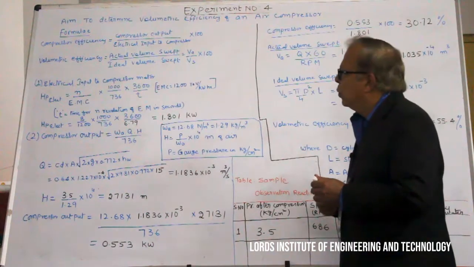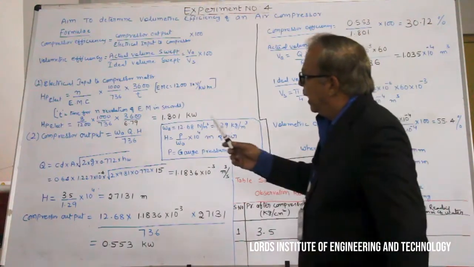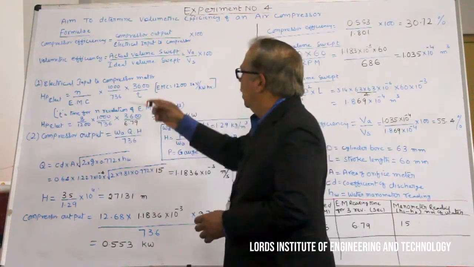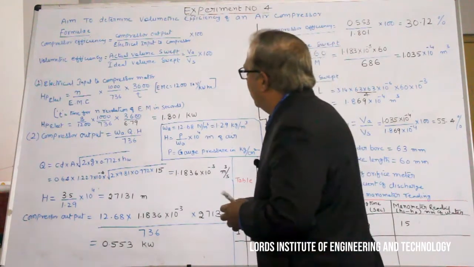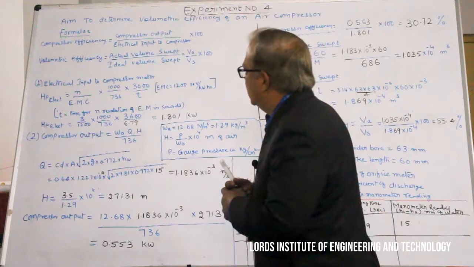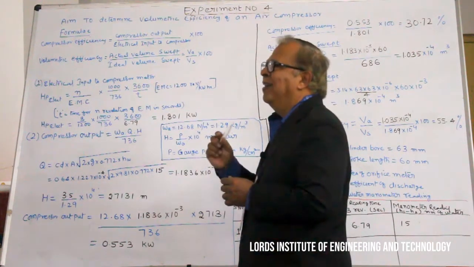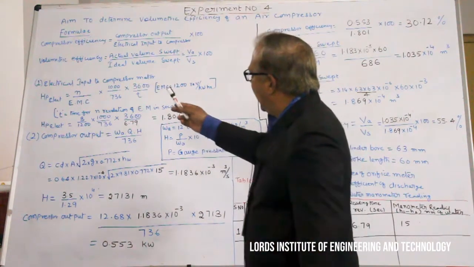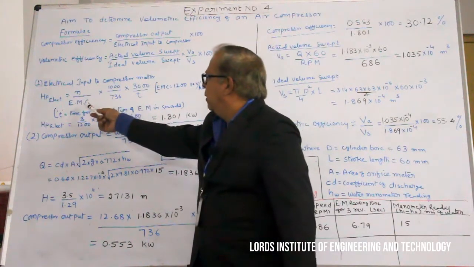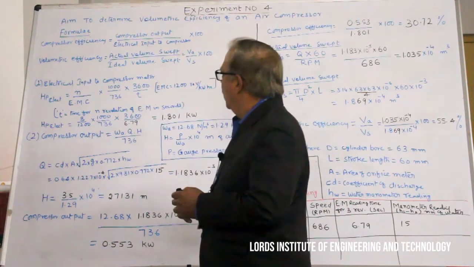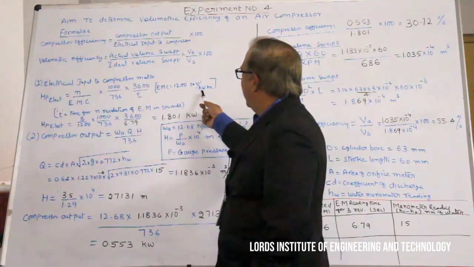Okay, now first we have to calculate the electrical input to the compressor motor. So here HP electrical is given by this formula, that is N by EMC. N is the number of rotations which the disc has made. We have calculated it for 3 rotations, so N we can take as 3 in this formula. Then EMC, the electric meter constant, is given as 1200 revolutions per kilowatt hour.